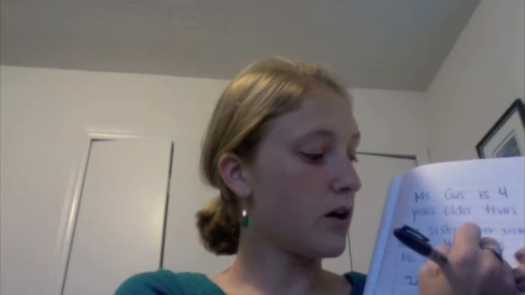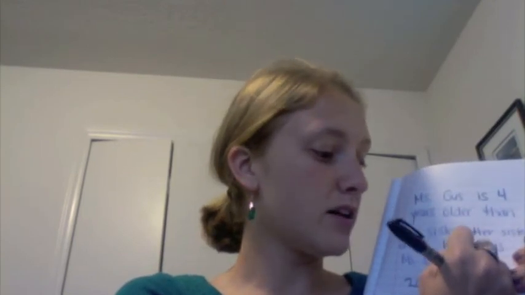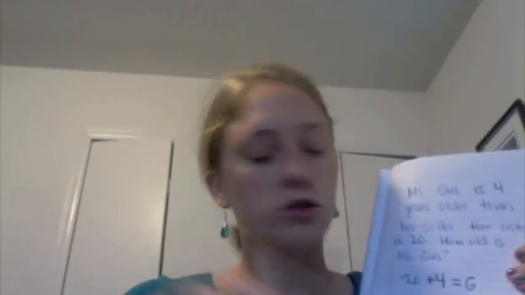So the variable I'd like to pick right there is G for Miss Gus. So we have 20 plus 4 equals Miss Gus's age, G. So when I'm done, I would figure out 20 plus 4 is 24 equals G. We're talking about years old, so we need to label it 24 years old.